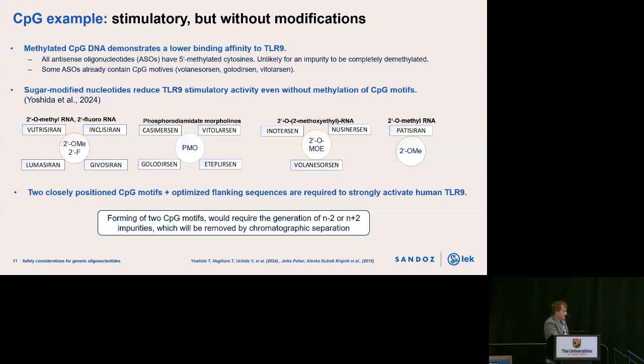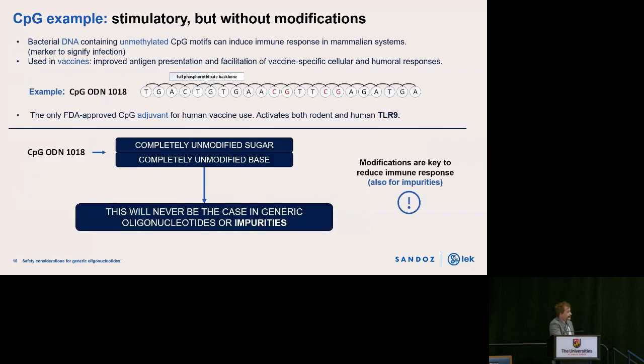Thirdly, to really have an impurity present which would be able to strongly activate human TLR9, you would actually have to have two closely positioned CpG motifs as well as optimized flanking sequences. And this is actually what we can see on the previous adjuvant. So we can see it has two closely positioned CpG motifs as well as optimized palindromic sequences.